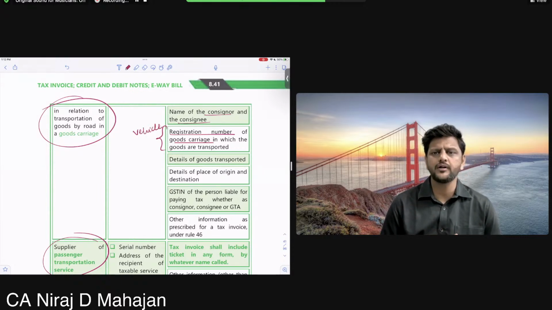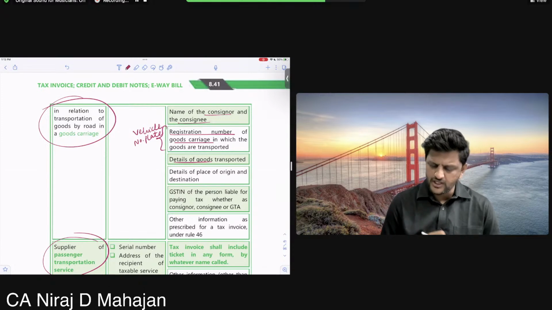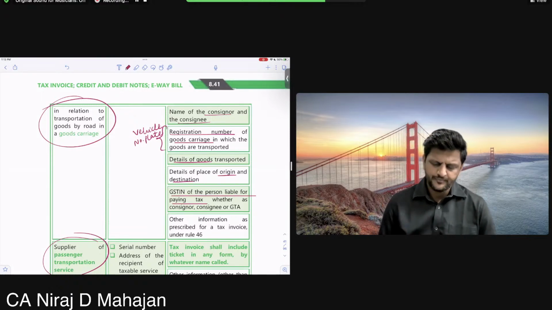Vehicle registration number, your number plate. Details of goods transported, details of place of origin and destination. GSTIN of the person liable to pay tax, whether as a consignor, consignee or the transporter. And other information has been prescribed.